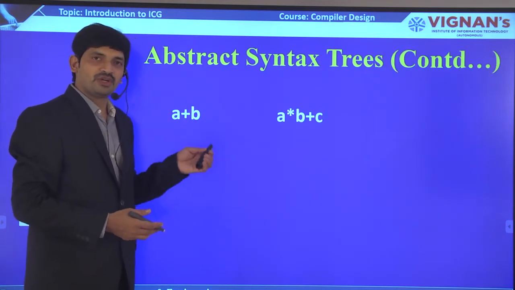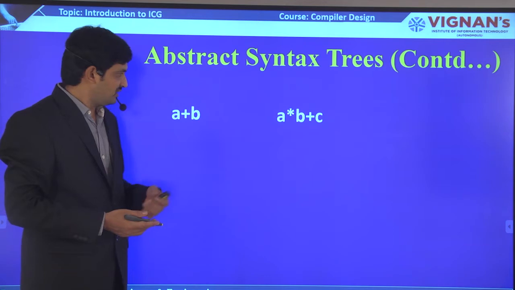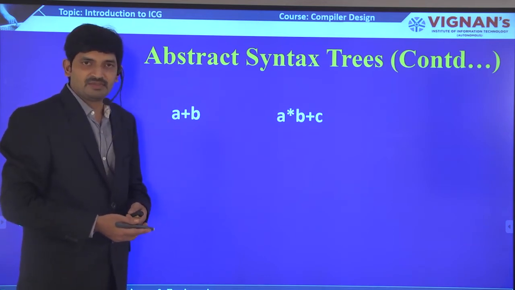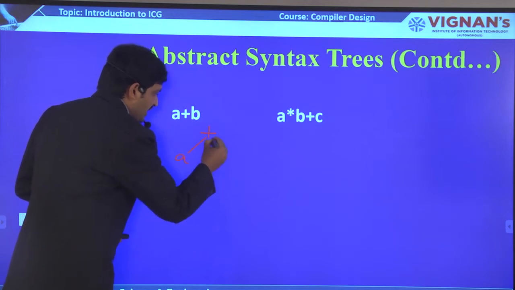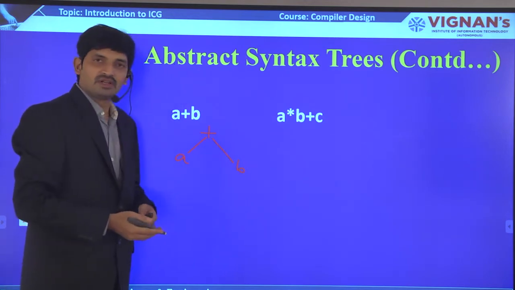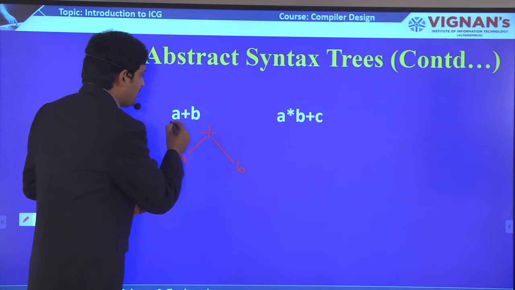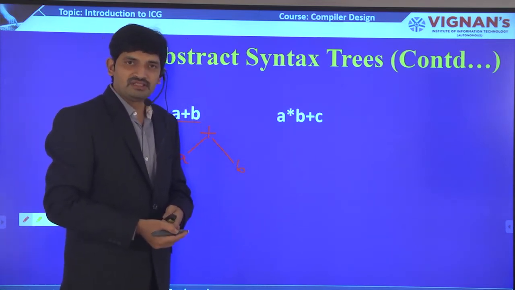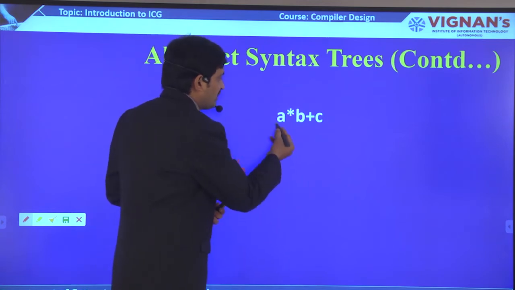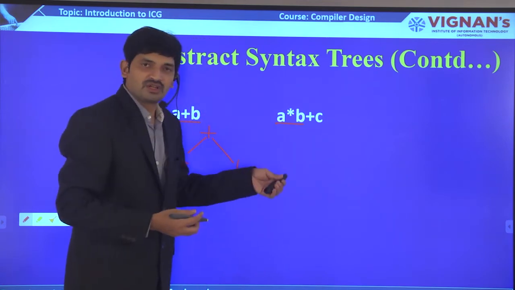Now we are going to deal with this abstract syntax tree. So the first one is a plus b. So here I am writing plus a and b. Okay, so this is the abstract syntax tree for a plus b. Now come to the second one, a star b plus c. So here 2 operators are there. First one is the multiplication, second one is the addition.